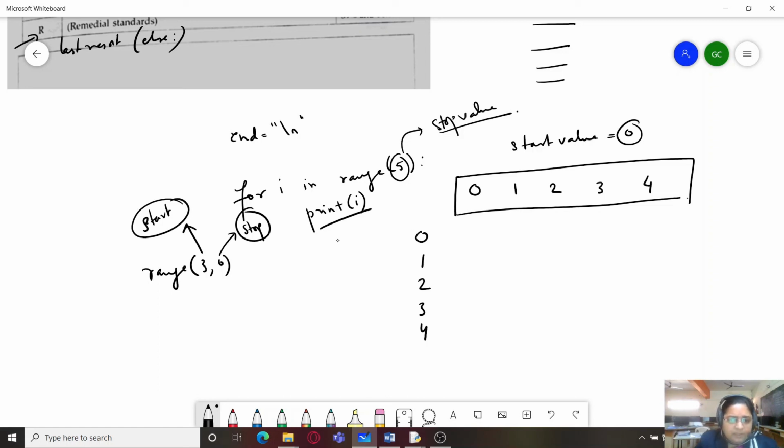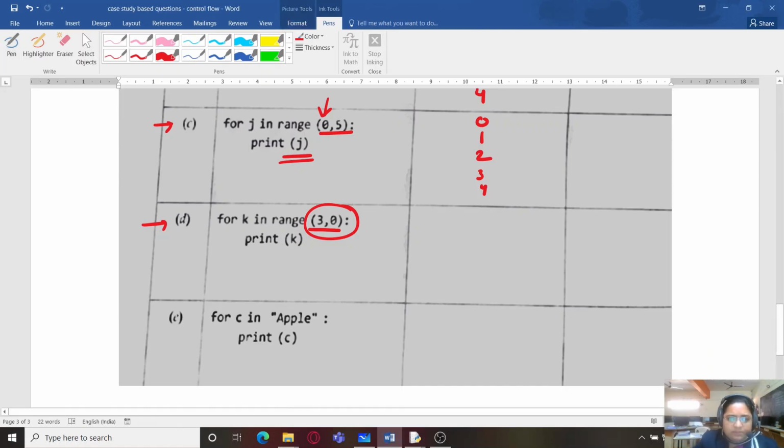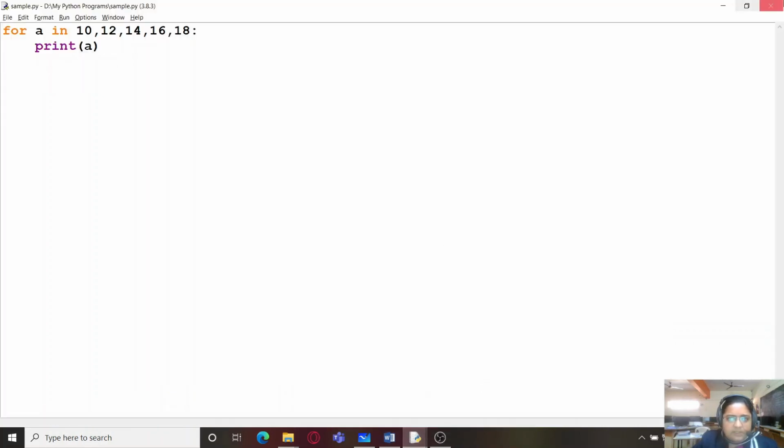Because we need to start from 3 and end at 0, which shows that our list has to be printed in the reverse order, for that we need to also specify the skip value as -1. So this might provide us with an error. So let's confirm this.